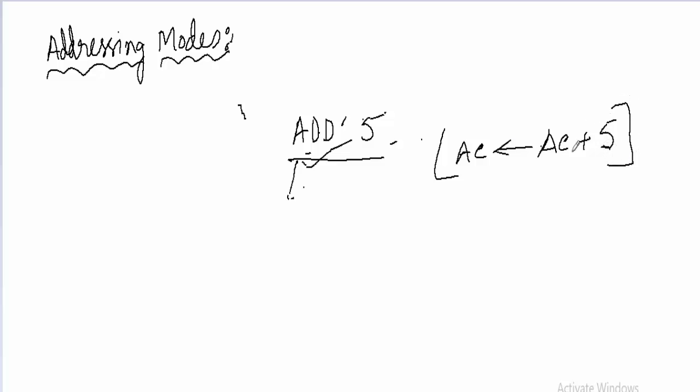So we don't put the operand directly, like for example here 5 is the operand. We don't put the operand in the instruction because till the time of execution we might not know what the operand could be.